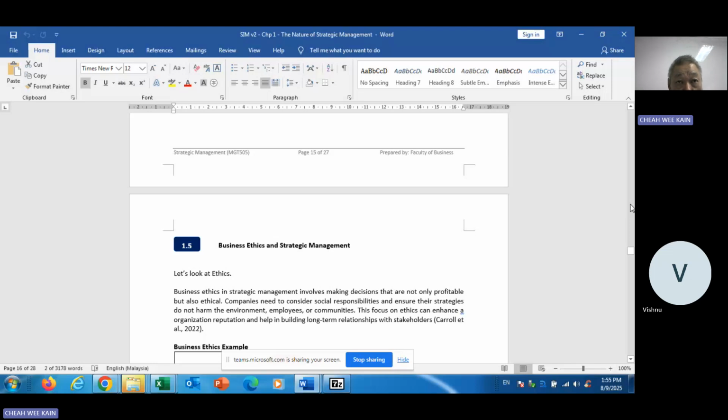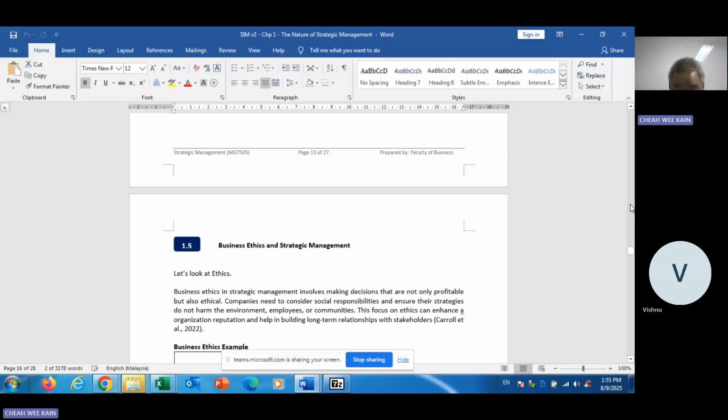So you should have good ethics. Now, how do you have good business ethics? Top level: the board of directors must create a code of conduct and a code of ethics. Make it in black and white and give it to everybody in the company so they know what they can and cannot do.